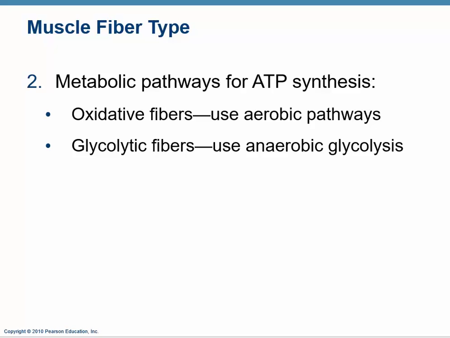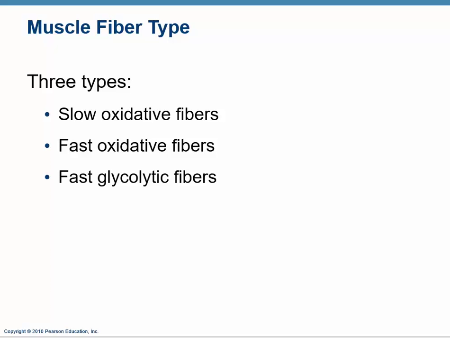So if we put these two ideas together, we end up with slow oxidative fibers, fast oxidative fibers, and fast glycolytic fibers. Now, theoretically, there's a slow glycolytic fiber, but that doesn't make any sense because the point of glycolysis is that it's fast. So why would you have a slow reacting fiber needing glycolysis? So they just don't exist.